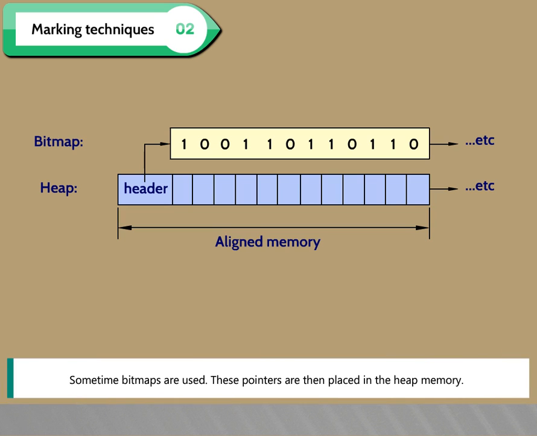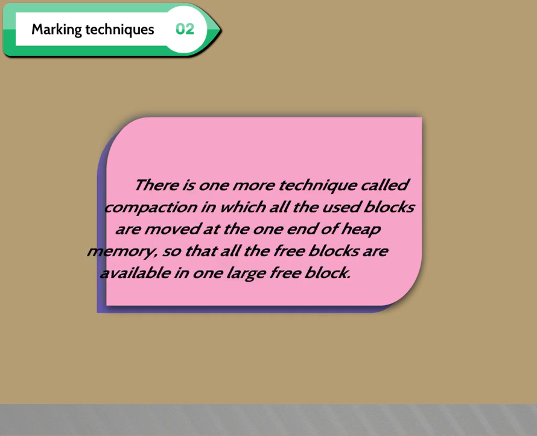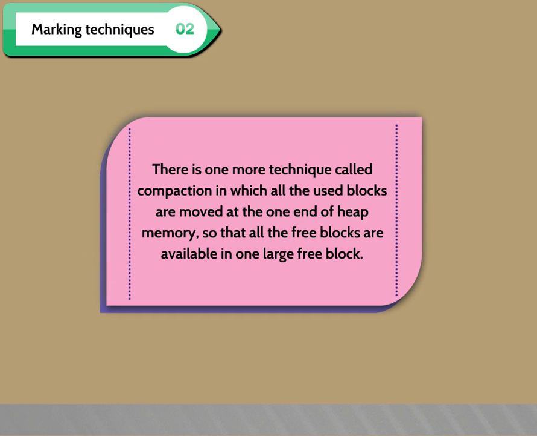These pointers are then placed in the heap memory. Again, we go through heap memory and mark those blocks which are unused. There is one more technique called compaction, in which all the used blocks are moved to one end of heap memory so that all the free blocks are available in one large free block.